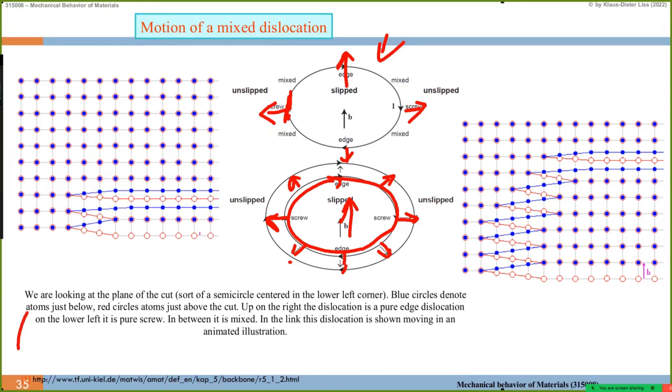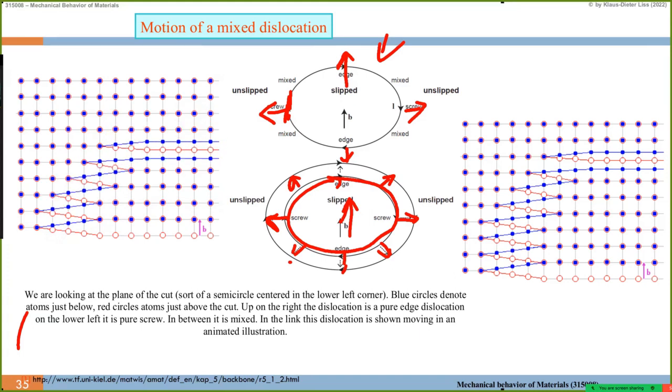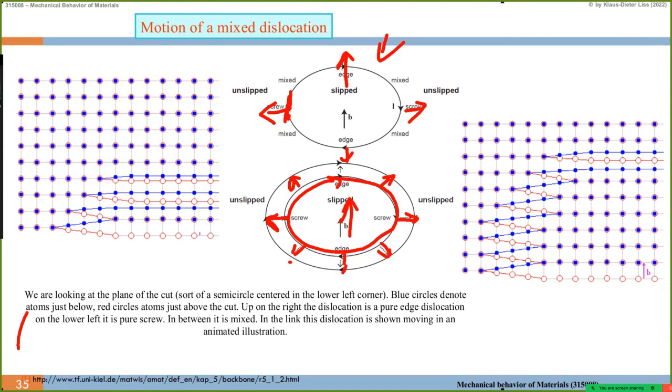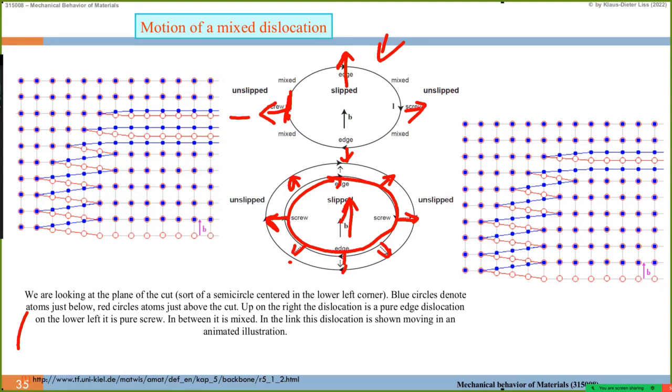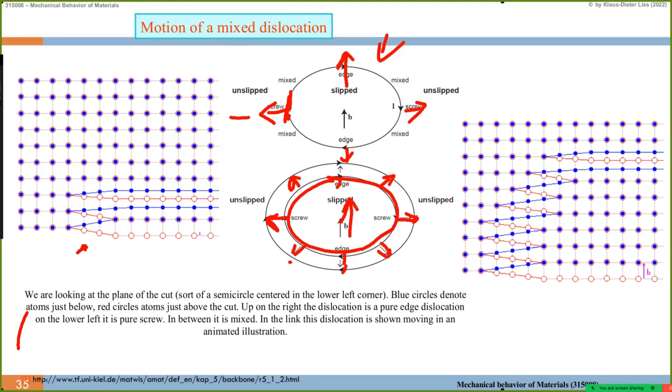It's marked here. We are looking at the plane of the cut, a semicircle centered in the lower left corner. The blue circles denote atoms just below, and the red circles just above the cut. Up on the right, the dislocation is a pure edge dislocation, and at the bottom it's a screw dislocation. In between it is mixed.